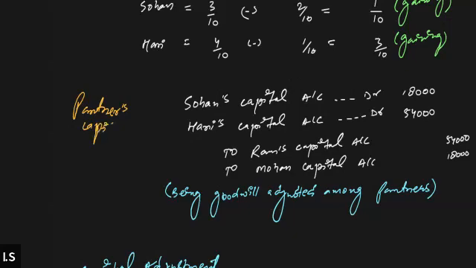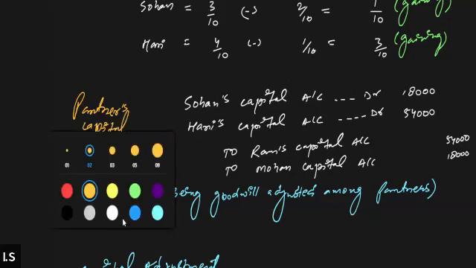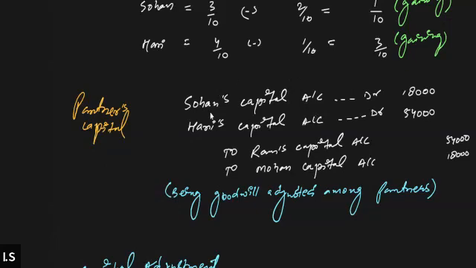Now pay attention and try to understand that since it is written here that Sohan's capital account is debit and Hari's capital account is also debit to Ram's capital account and Mohan's capital account, how are we going to post it into the partner's capital account? See, we will go to the partner's capital account. On the debit side, into the column of Sohan and Hari, we will write down 18,000 and 54,000.